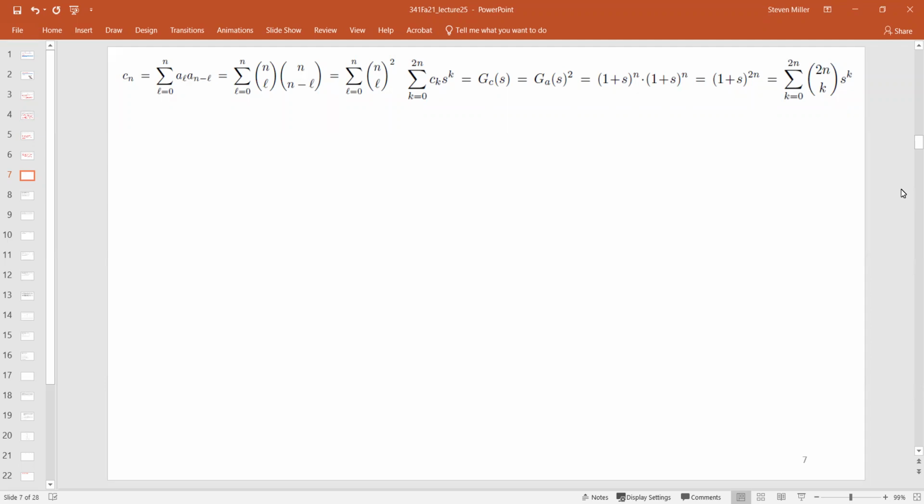What sequence? I'm actually choosing A_L to be N choose L. And we are letting C be A star A. And so we know that the generating function of C is the generating function of A times the generating function of A.